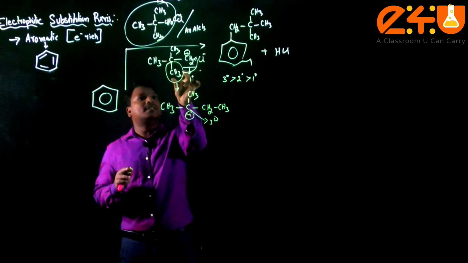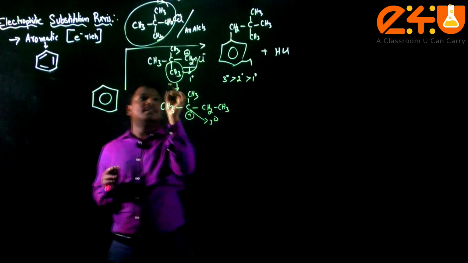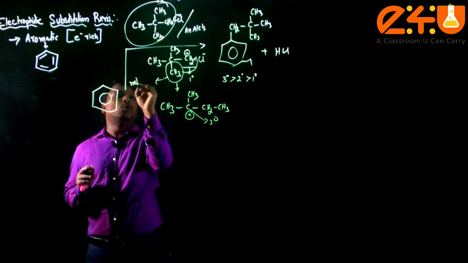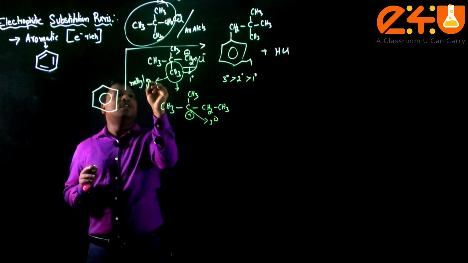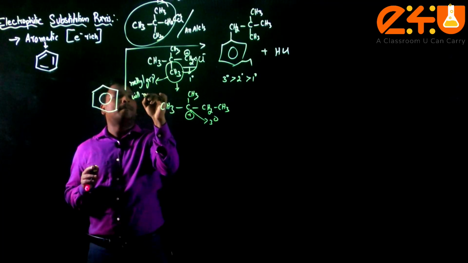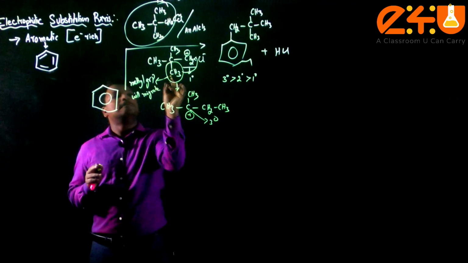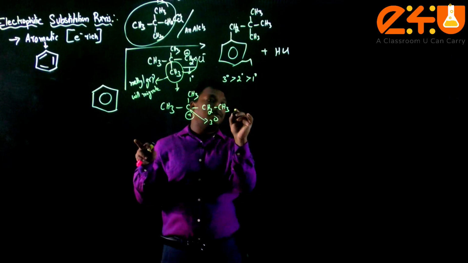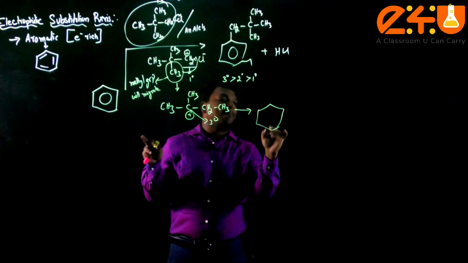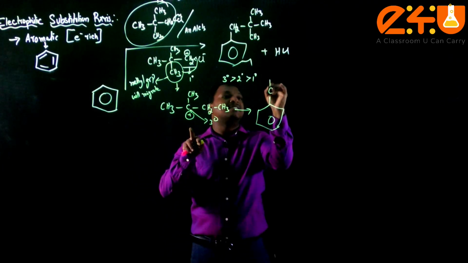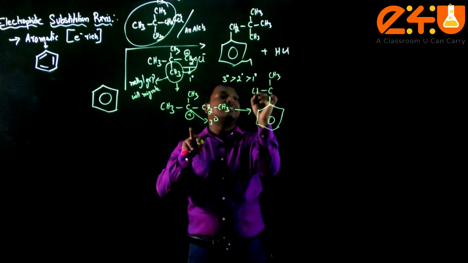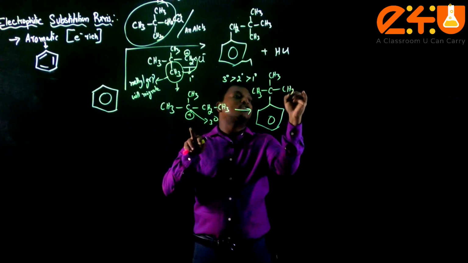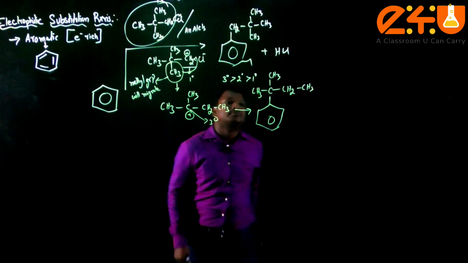So automatically this methyl group will migrate there to form the tertiary carbocation. Now the tertiary carbocation formed will go and substitute. So you will be getting CH3, CH3, CH2, CH3.